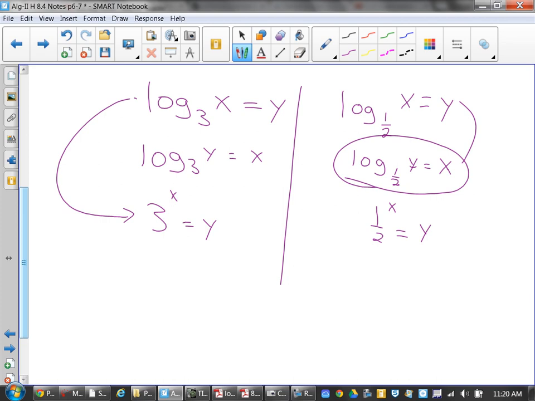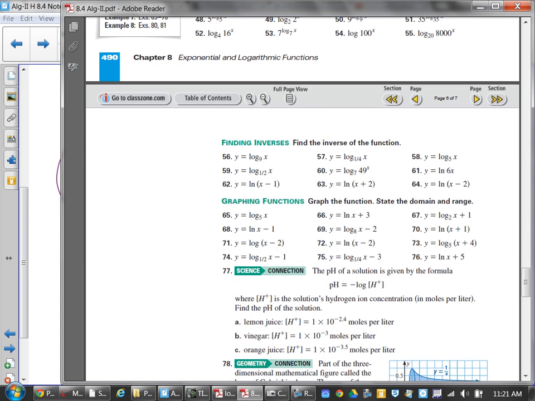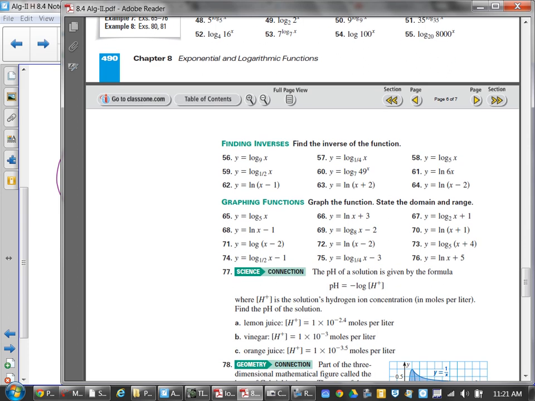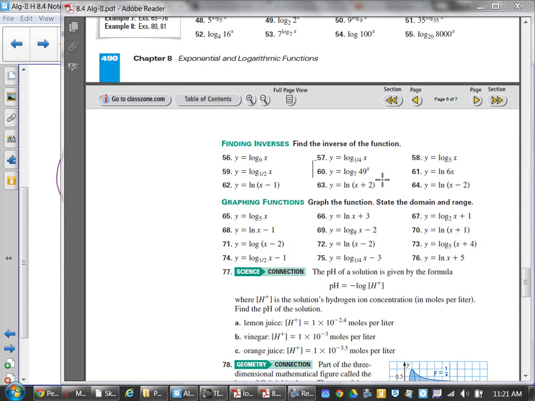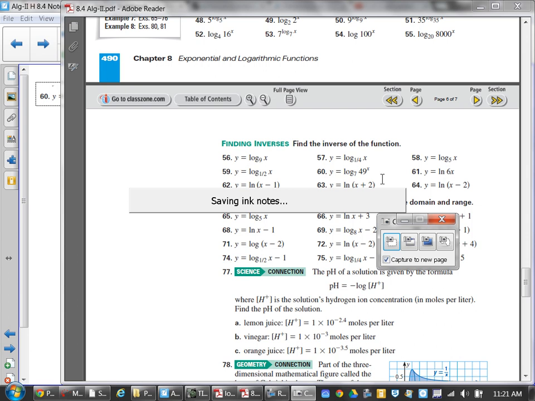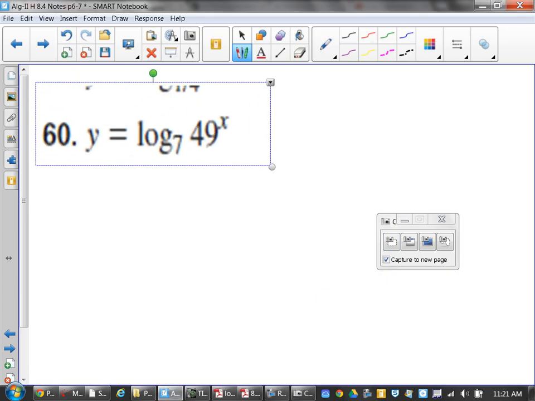It's that fast. Okay? So our homework number 60: you have log base 7 of 49 to the x. Now in this one, you could simplify it first.